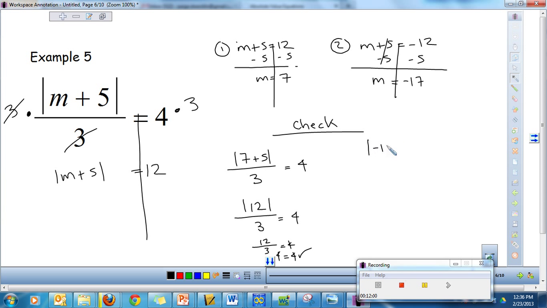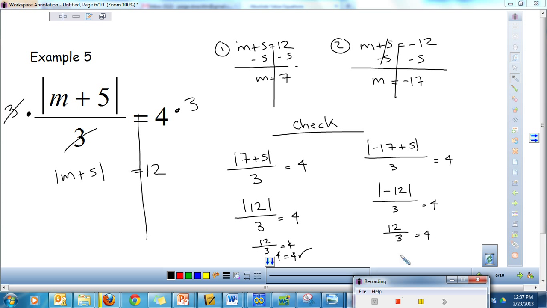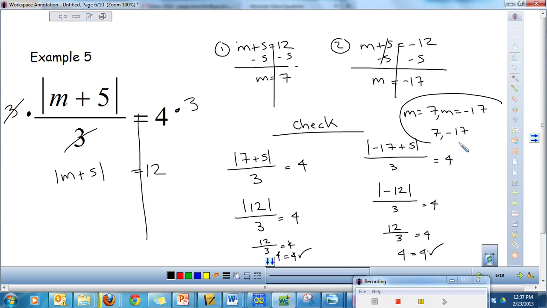Is the absolute value of negative 17 plus 5, divided by 3, equal to 4? Well, negative 17 plus 5 gives us negative 12. What's the absolute value of negative 12? It's 12. 12 divided by 3 is 4. So our solution works. So our solution is either n is 7 or n is negative 17, or we could say 7, negative 17.